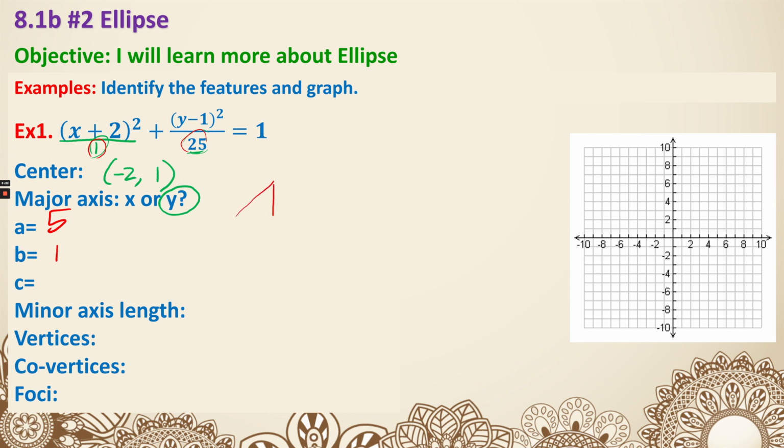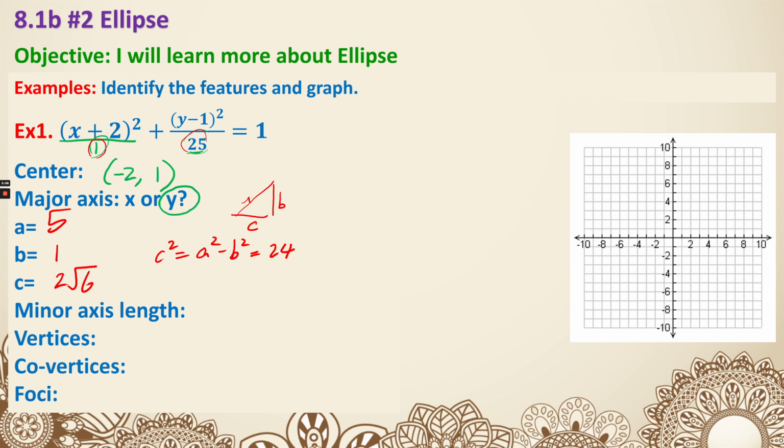This portion is your C, that's your B, and this is your A. So C squared equals A squared minus B squared, which in this case, 25 minus 1, it is 24. And I will keep them as radicals. So C would have to be 2 square root of 6. There we go.